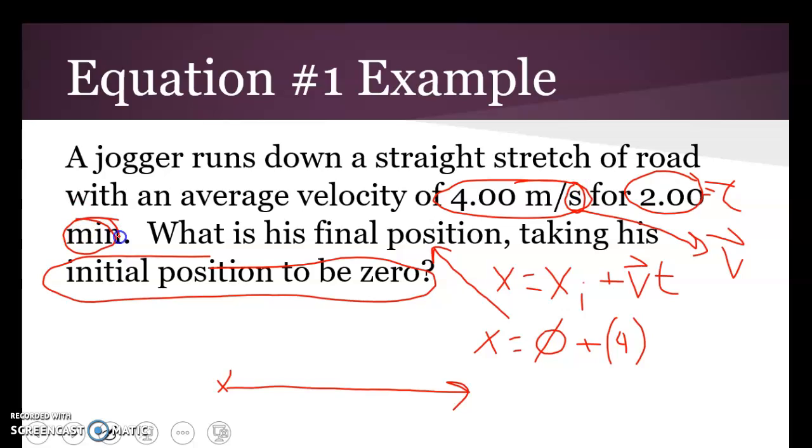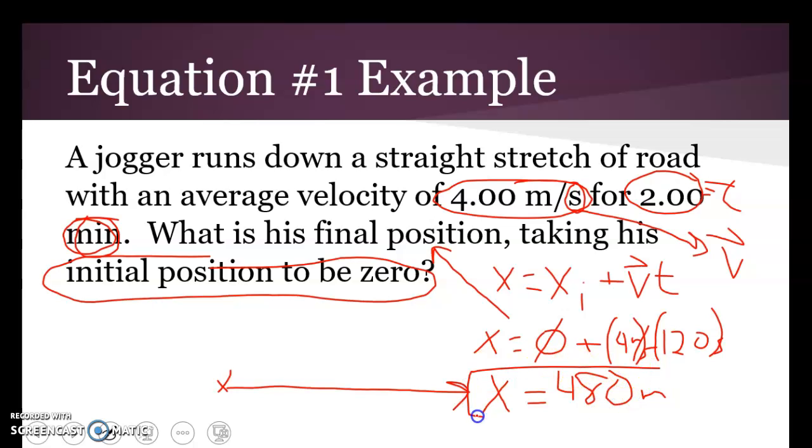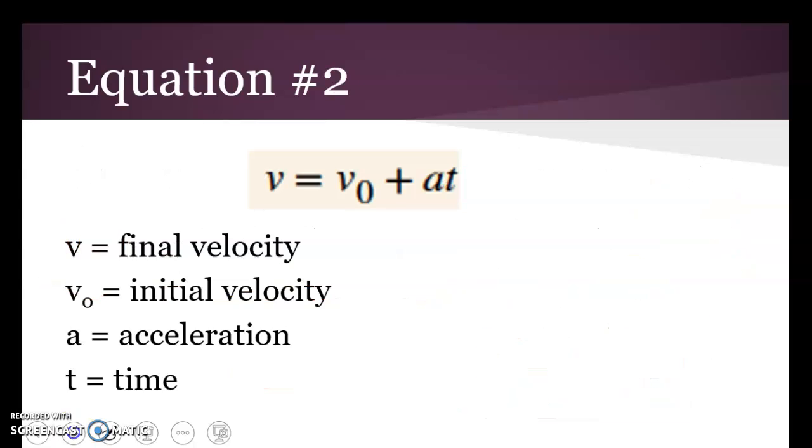Meters per second means I want to convert 2 minutes into seconds, which we know to be 120. So I got 120 seconds times 4 meters per second plus 0. So this is 4 times 120, 480 meters. And that is my final position. So that's the first equation going through the steps.